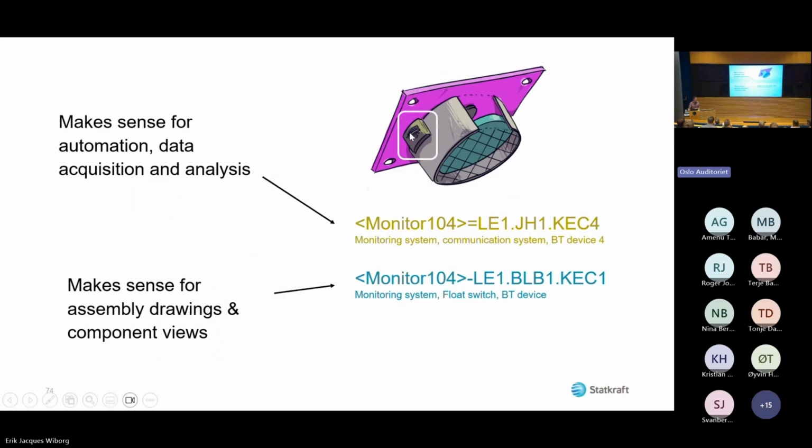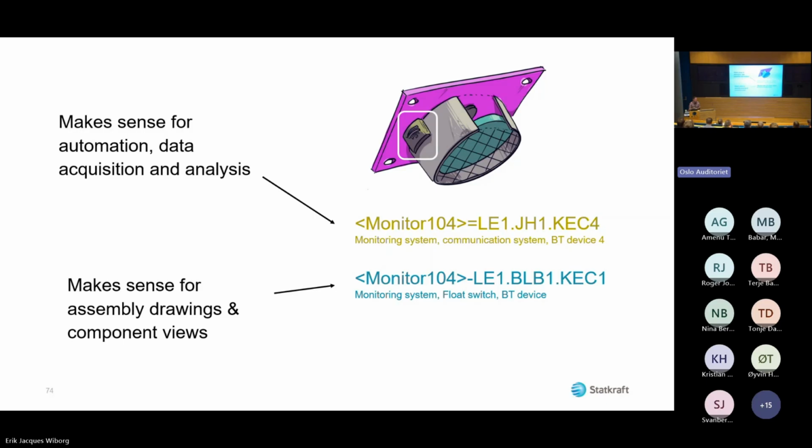So this USB communication device is for the automation guy. It's part of the communication systems, which makes sense. And for the guy doing the assembly who's going to maybe replace these components, it's part of the flow switch, which makes sense to him or her.